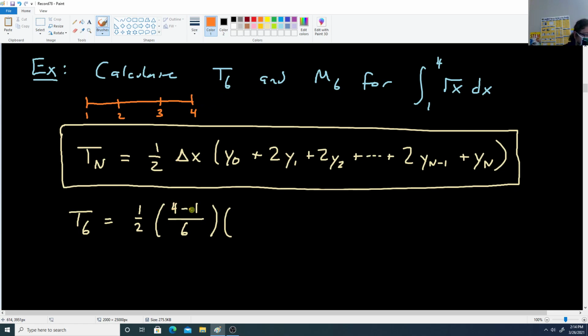If we consider delta x, 4 minus 1 is 3, and 3 divided by 6 is 1/2. So this delta x term is 1/2.